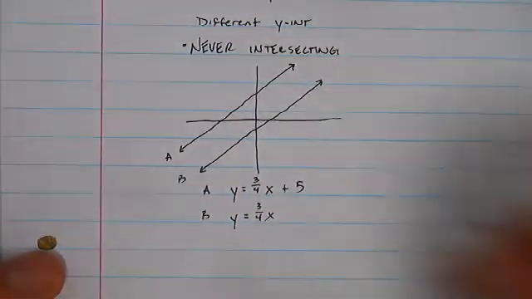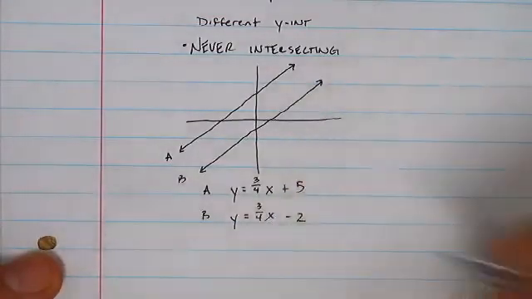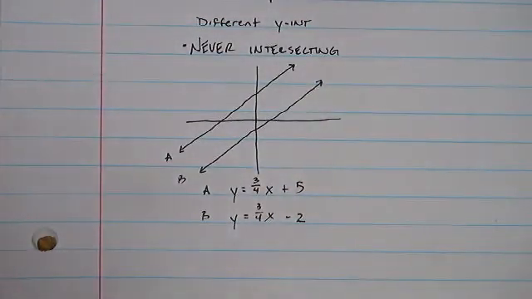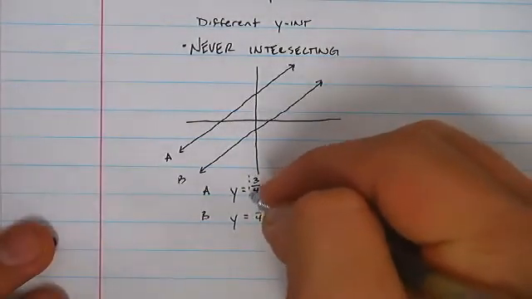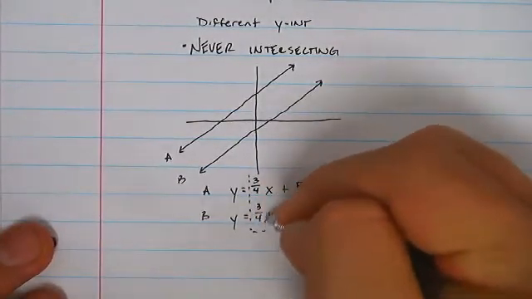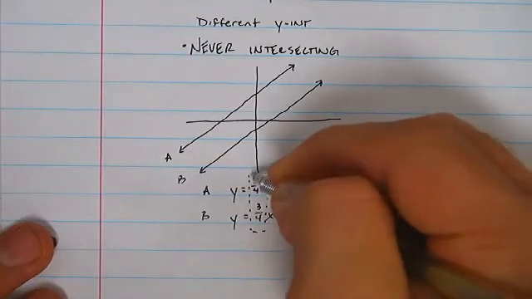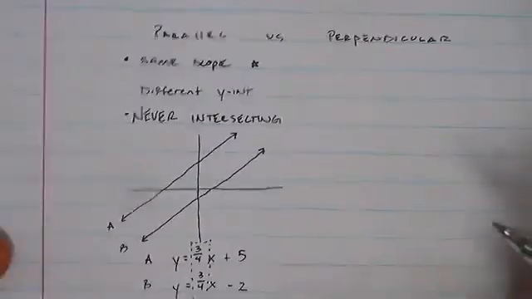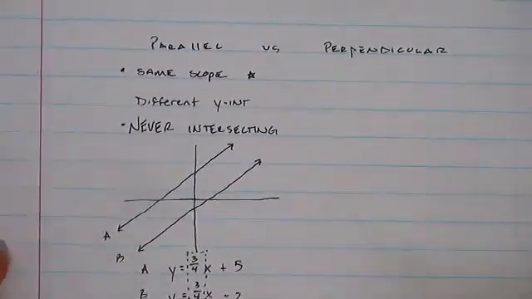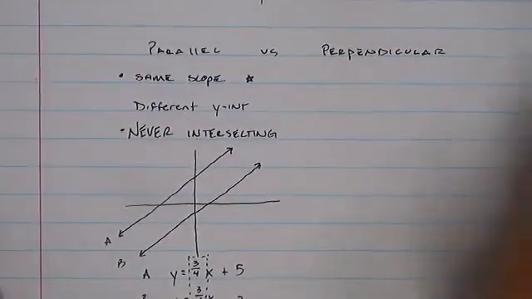Now, what the y-intercept is, I don't know, maybe it's a -2. Those look kind of comparable, but the real telltale is right here. That is what's going to tell me those two lines travel the same and are never going to intersect. All right.